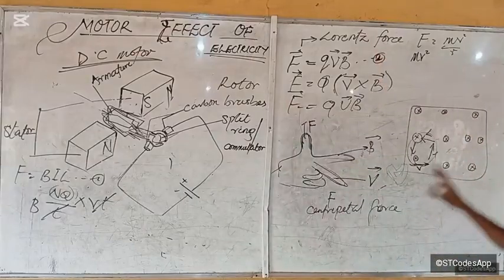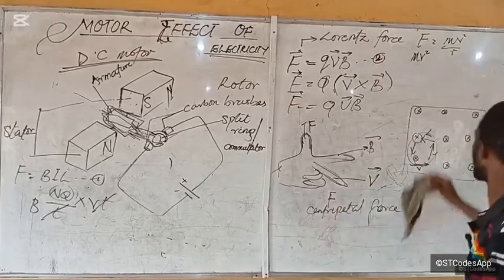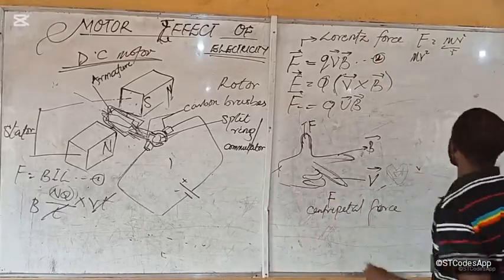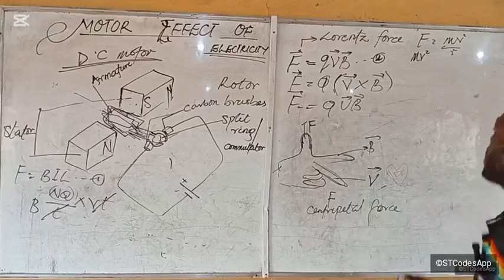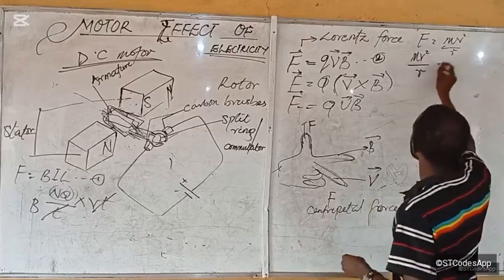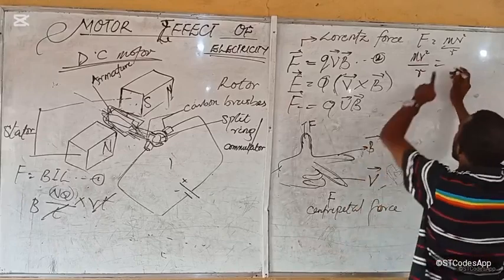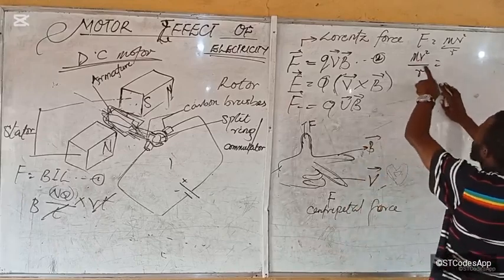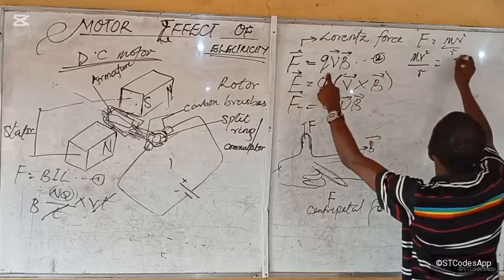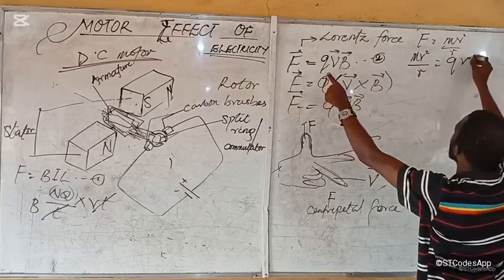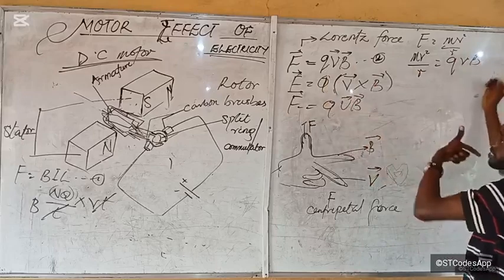Now, you already understand this scenario, right? So if that's the case, then F equal to mv squared over r will be equal to this Lorentz force, which is what? F equal to QVB sine theta also.